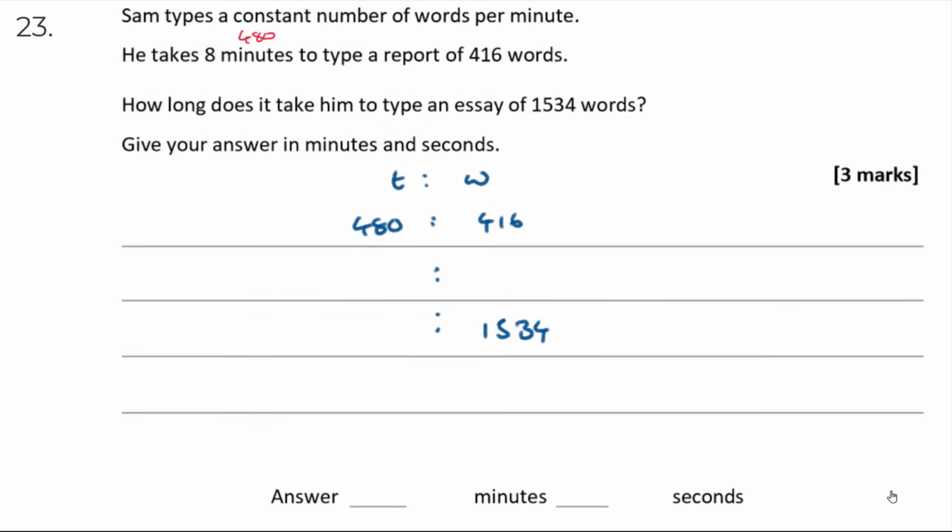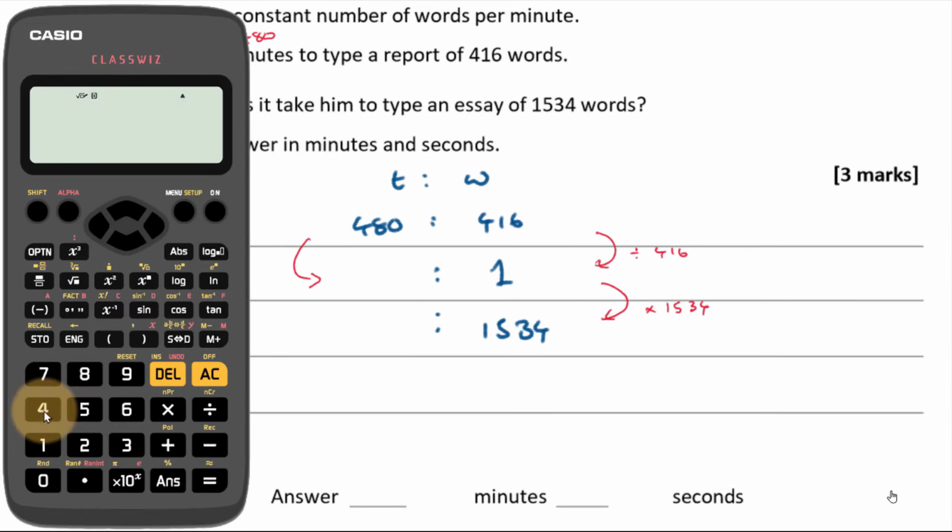So I can use something called the unitary method and go via 1, by dividing by 416 and then multiplying by 1,534. If I do the same thing this side, so 480 divided by 416, that comes out to be 15 over 13.